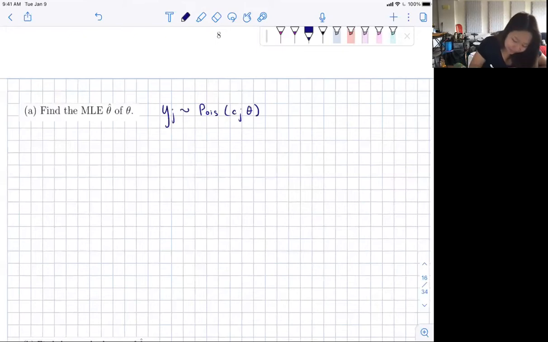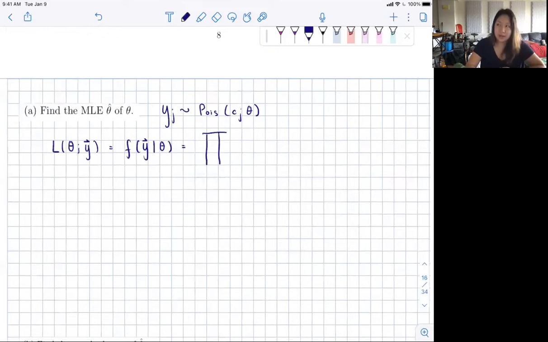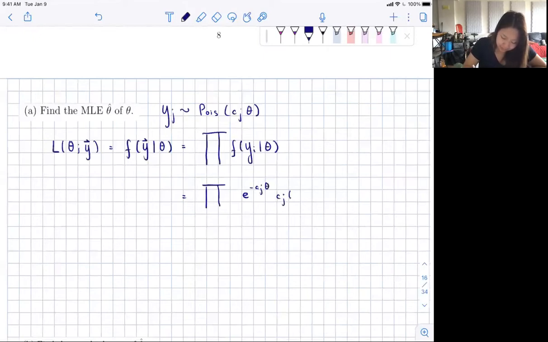So first, the likelihood of θ given the data is equal to the joint PDF of the data given θ, which is this product, since the counties are independent of one another. And this is the product, since we have Poissons, of e to the negative c_j θ, times (c_j θ) to the y_j, over y_j factorial.